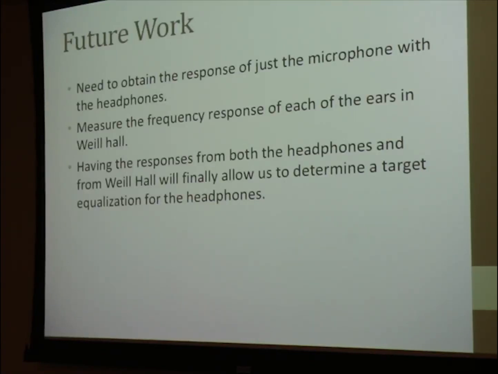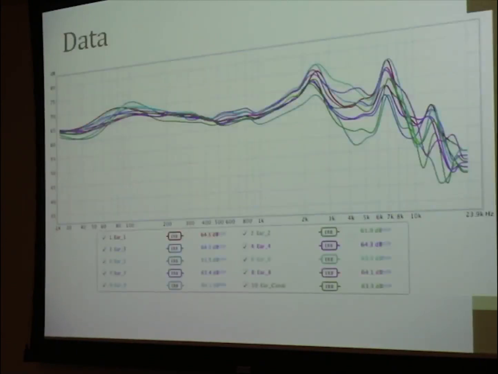And so right now I have the frequency response right here, and this data is actually the summation of the canal, the headphones, and the ear. So I have the canal, I can subtract that from all of the ears, but I still have the headphone response mixed into the data.